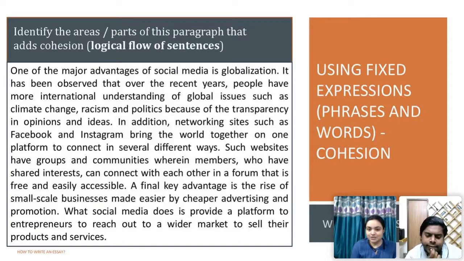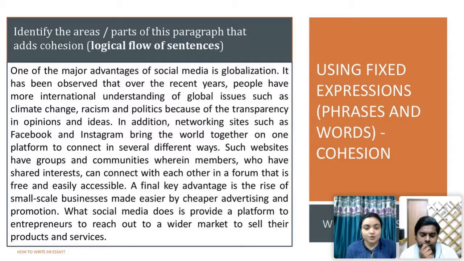These are fixed expressions, phrases, words that we use to add link to ideas and sentences, in turn leading to cohesion, the term for logical flow of sentences. As you can see, there's cohesion written here on the right in the orange box. These phrases and words are devices to help you create the connect so that the sentences have a logical flow.